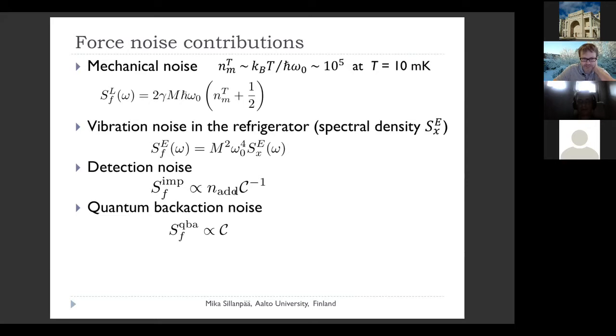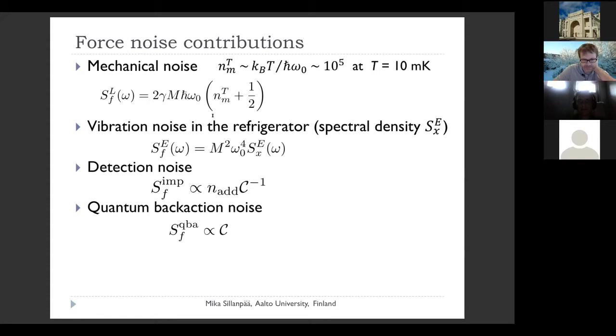Another is the amplifier with added noise of something like maybe 10. It turns out this is totally irrelevant, which makes the experiment easier. And then there's also quantum backaction, which in this case is also irrelevant.